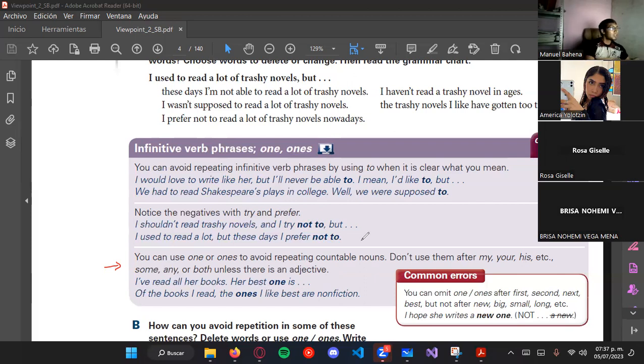So it says, you can use one or ones to avoid repeating countable nouns. Countable nouns. What are countable nouns? Which were the countable nouns? ¿Cuáles eran los countable nouns? Who can tell me what are the countable nouns?